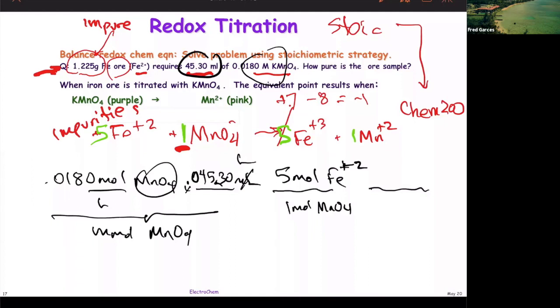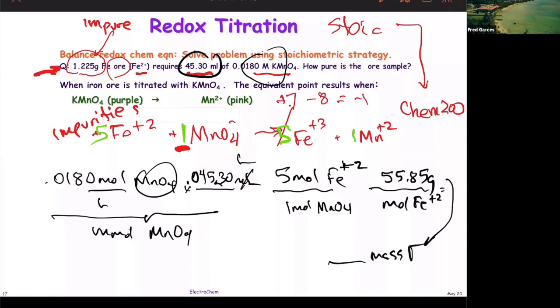It's 55.85. So I'm going to say 55.85 grams per mole of iron plus 2. Whether it's iron plus 2 or iron, it's going to have the same atomic weight. So this right here will give me the mass of iron.